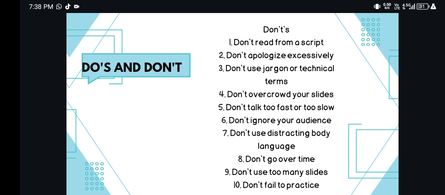Of course, body language is important, but when it's too much, please, we don't want that. Don't go over time. Remember, you all just have 5 minutes. I think it should be 5 minutes for each presentation, or 10. More information will be passed regarding this, but don't go over the time given to you. Don't use too many slides and don't fail to practice.